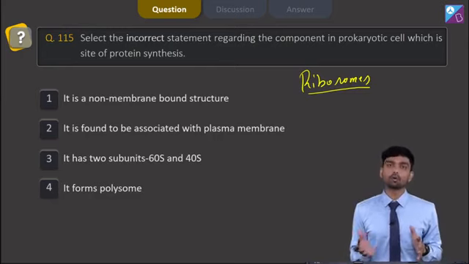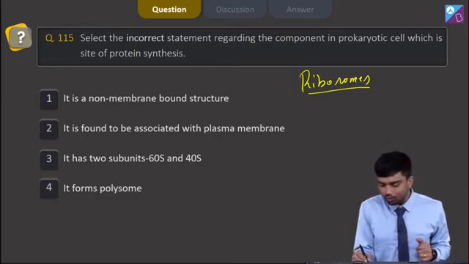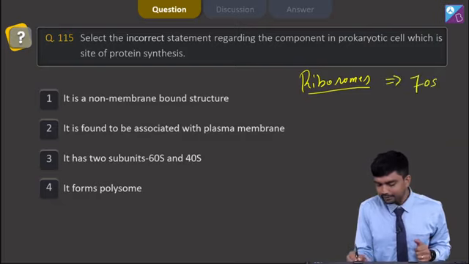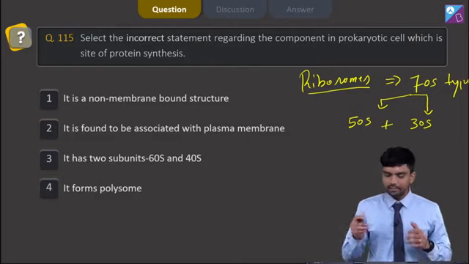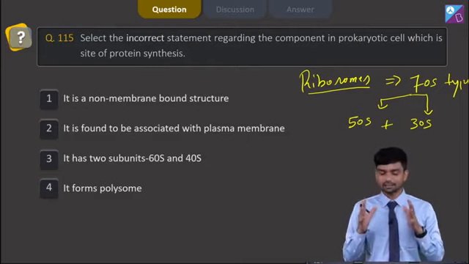Prokaryotic ribosomes are of 70S type, containing two subunits, 50S and 30S, which together constitute the 70S ribosome.